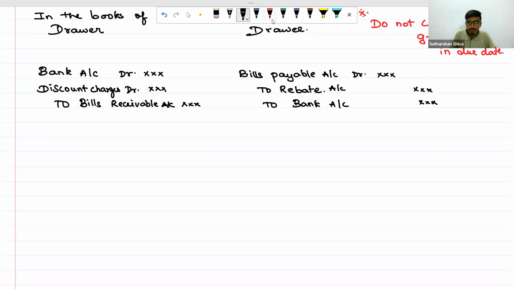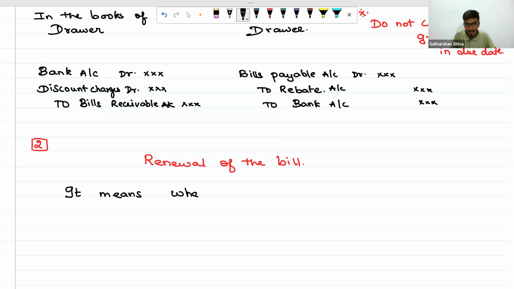Now we will come across a new area. Most of them don't know about that part. The second concept here is renewal of the bill. They may test this in your MCQs also for CMA.